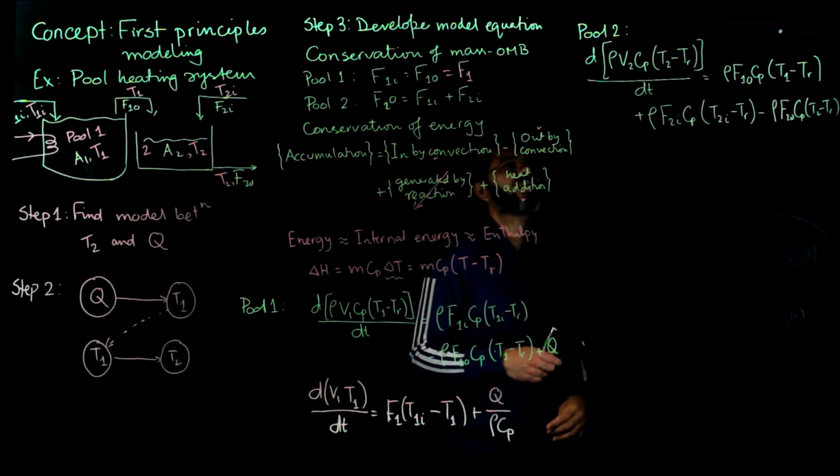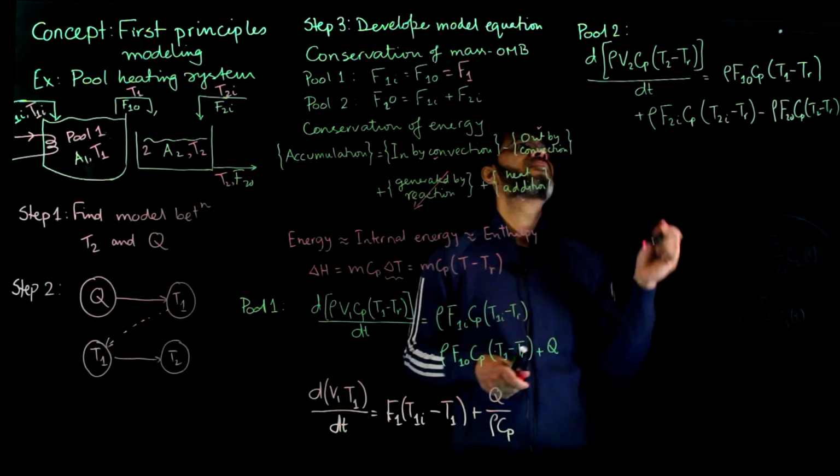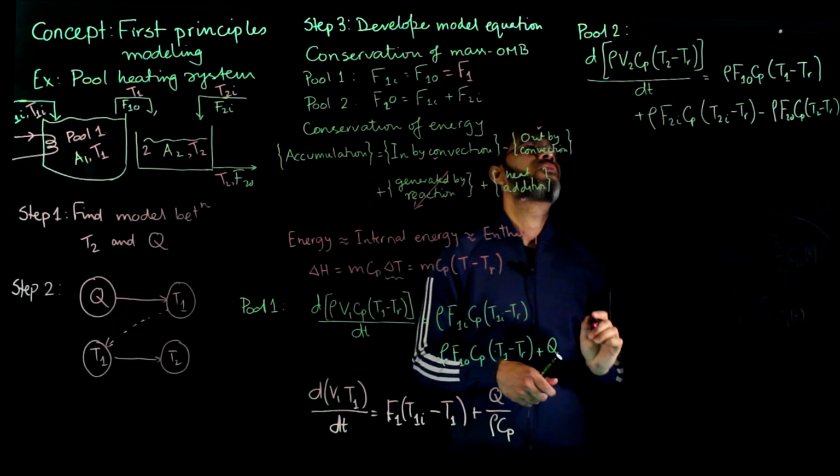The same sort of simplification for pool 2: rho Cp gets cancelled out for each term.